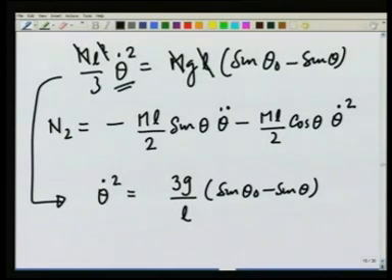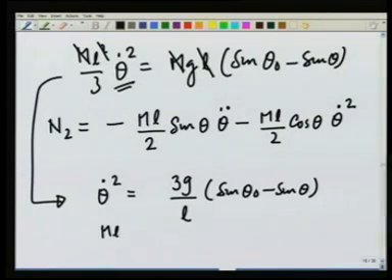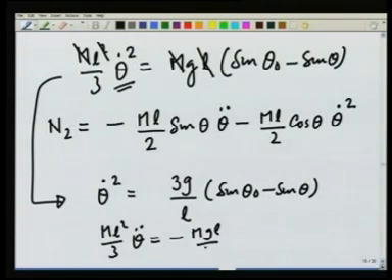Similarly, the equation for theta double dot, which we had derived earlier, this one, ml square over 3 theta double dot equals minus mgL over 2 cosine theta.